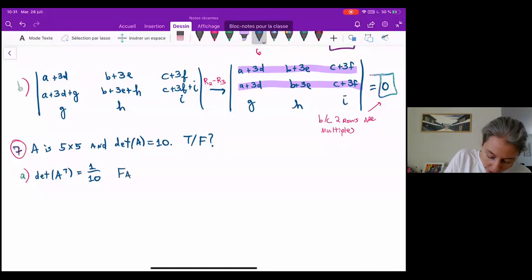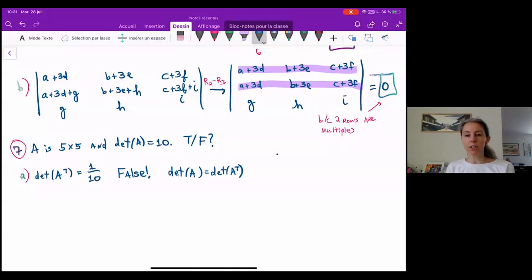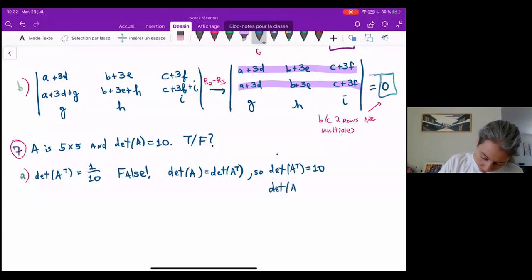This is false. And it's because the determinant of A is equal to the determinant of A transpose. So the determinant of A transpose would be 10. Someone, I think it was Adam L, said that would be for the inverse. That is correct. The determinant of A inverse would be 1/10.